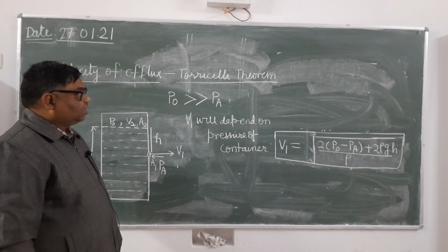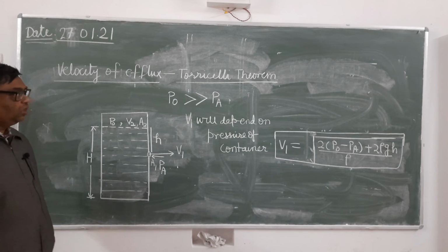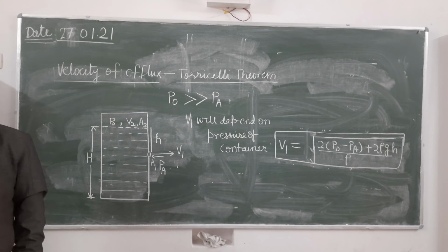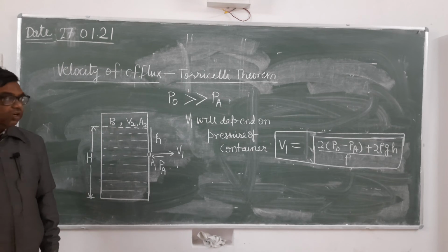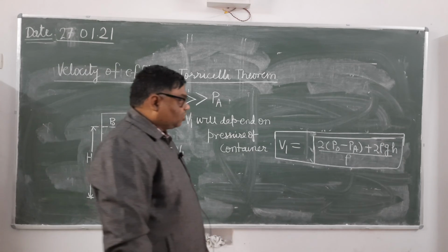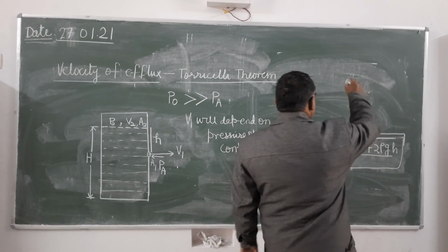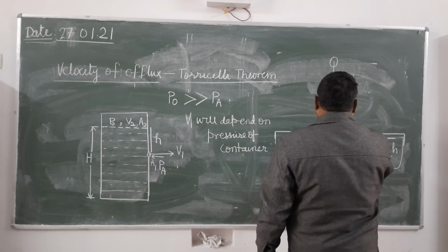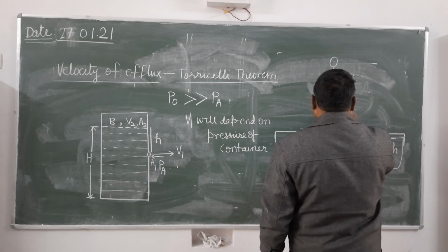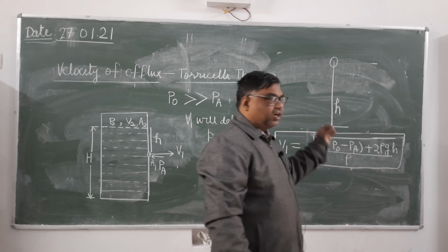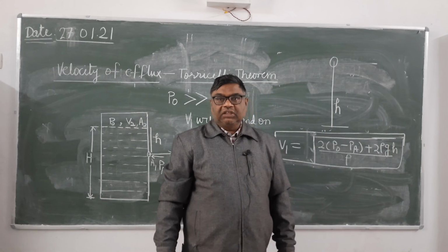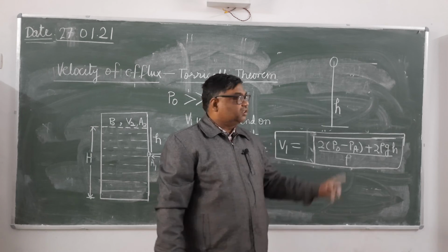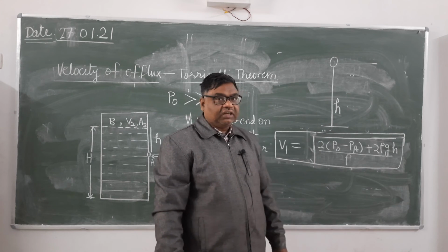Now see here. Torricelli theorem is regarding the open container. Now what is Torricelli theorem? See here. When a body is falling freely from the height small h, what will be its velocity after falling this height?